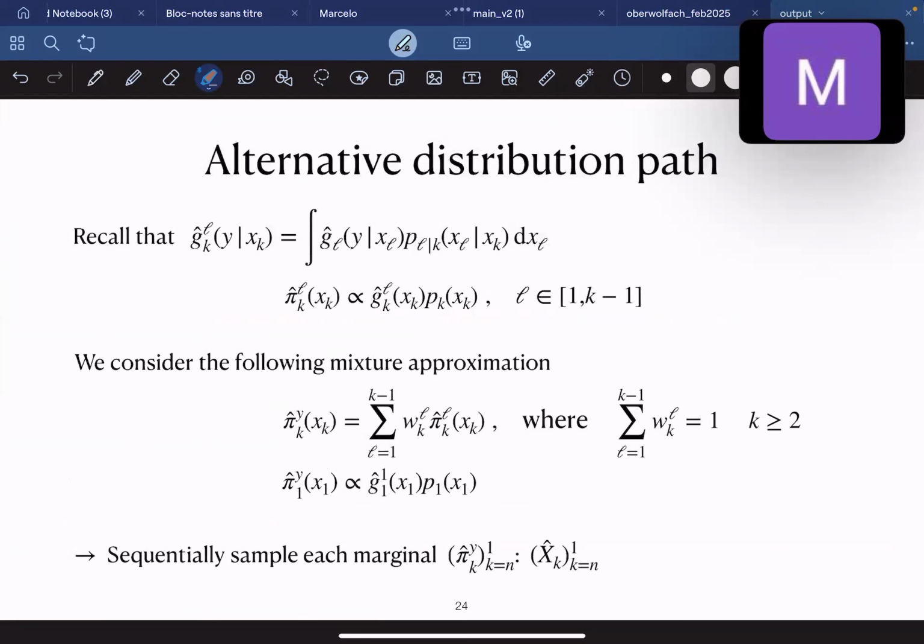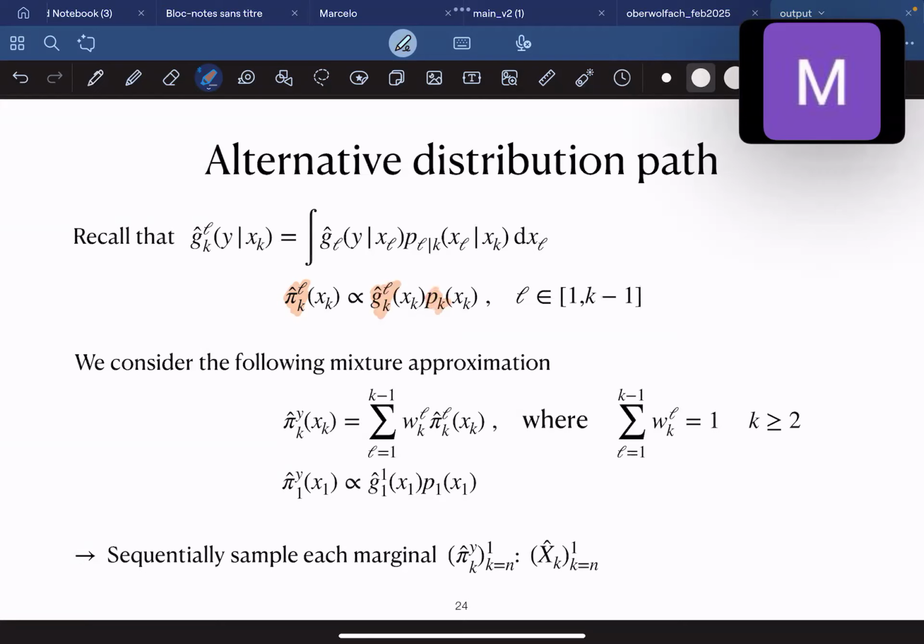So since I have L approximations of the g_k, I also have, just by definition of the pi_k, L approximations of my marginal pi_k, which I denote here by pi hat_k^l. So here I consider pi hat_k^l as the distribution which is proportional to my approximation of the g_k at l times p_k.